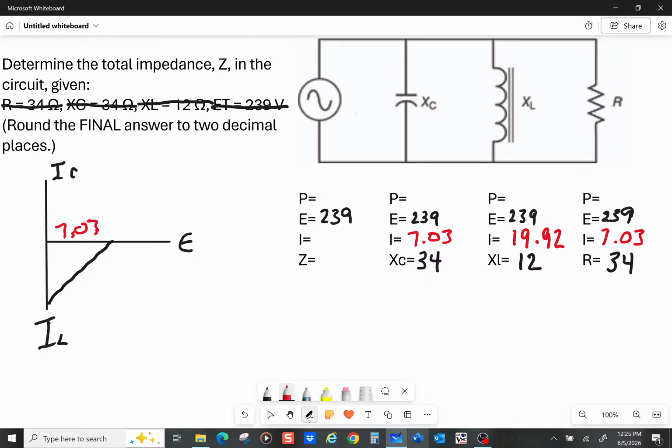My vertical line: my inductive ampacity and my capacitive ampacity are 180 degrees out of phase from each other, which means it's just the bigger number minus the smaller number. So I'm going to take my 19.92 amps at my inductor and subtract the 7.03 amps of my capacitive current, and that gives me a net ampacity of 12.89 amps.